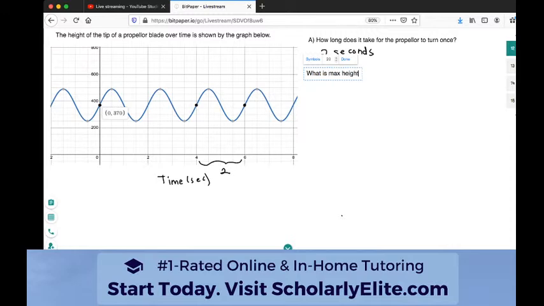So what is the max height reached by the tip of the propeller? So in this case, again, I know you guys can't really see the graph because I redid this on Desmos because the graph of what I found this on was very small, but this is 490. And really when they're asking what is the max height, they're asking to what point does the graph go? And in this case, we know that that's 490. And this is in centimeters. Height in centimeters.